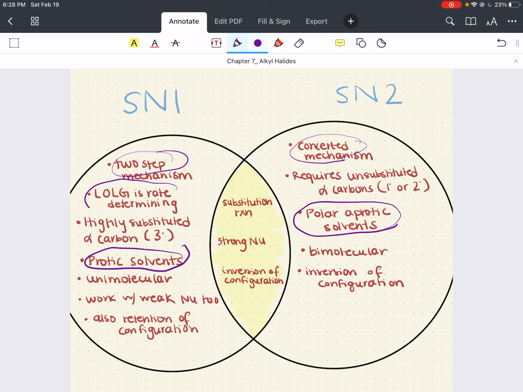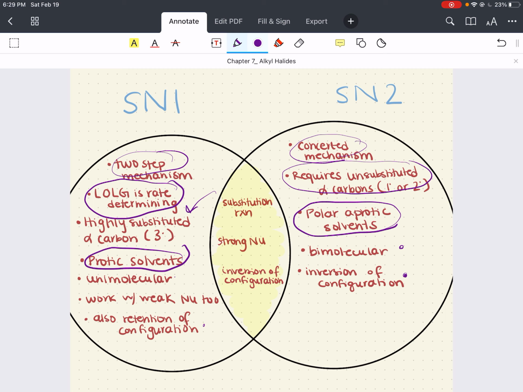For SN1, your first step is loss of a leaving group, and it's your rate determining step. SN2 requires less substituted alpha carbons like primary and secondary. SN1 really likes the highly substituted alpha carbons. SN1 is unimolecular, SN2 is bimolecular. With SN2 you get inversion of configuration.